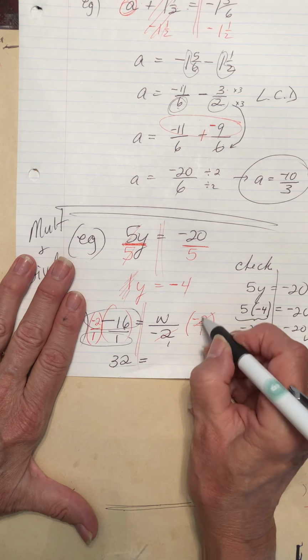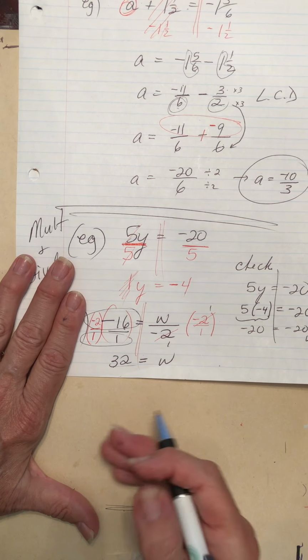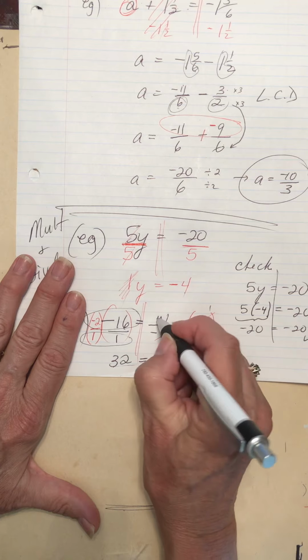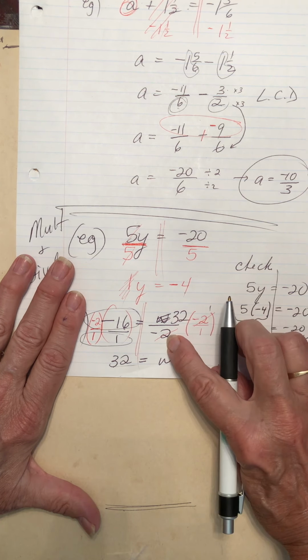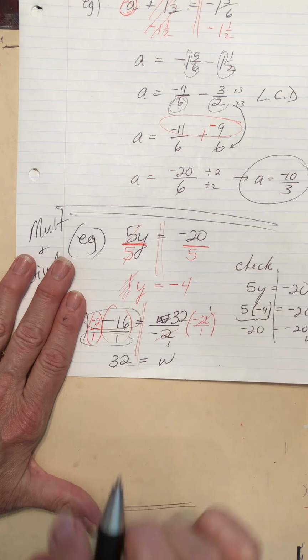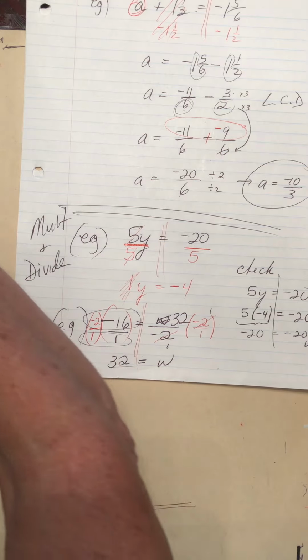Everything here canceled into these nice 1s, so I'm left with 32. That's the solution. That's the magic answer. So think about that. If there were 32 here, 32 divided by negative 2 is negative 16. So my solution or my answer must be correct.